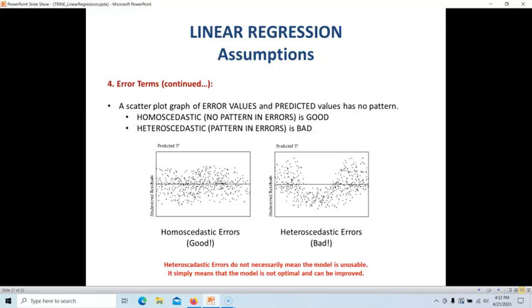What that simply means is that you can make the model better. You've got a pattern here that you could probably figure out and add more variables to the model. So again, just because you have a pattern doesn't mean you don't have a good model. It just means you can get a better model.